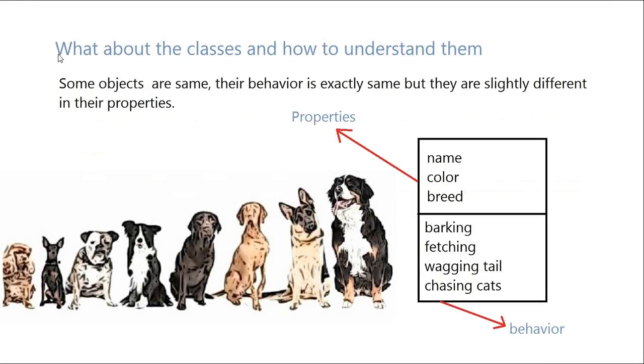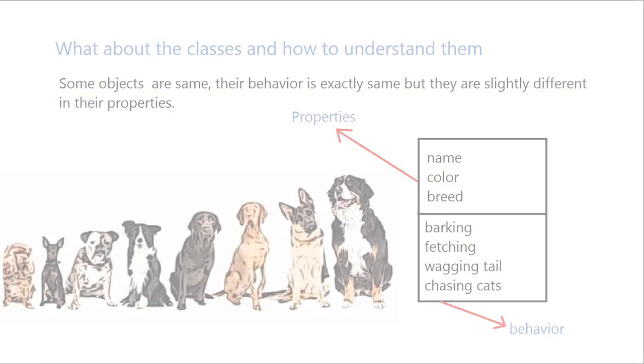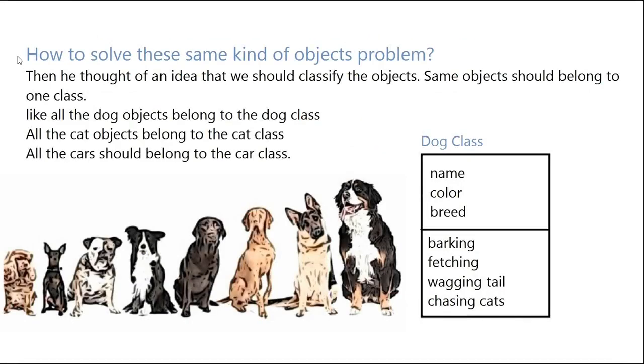But what about the classes and how to understand them? He also noticed that in this world, some objects are the same. Their behavior is exactly the same, but they are slightly different in their properties. Like all dog objects in this world have the same behavior, like barking, fetching, wagging tail, and chasing cats. But what about their properties? Like name, color, and breed of every dog is almost different. So, how to solve this same kind of objects problem?